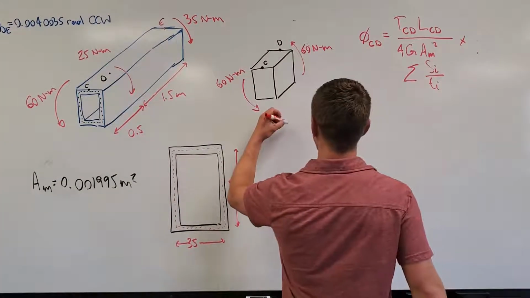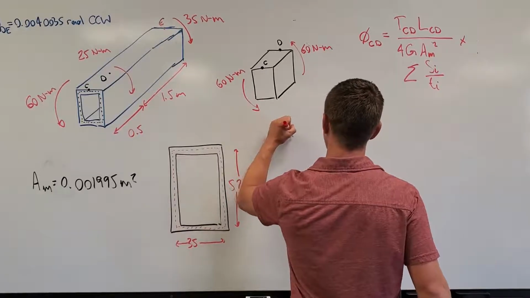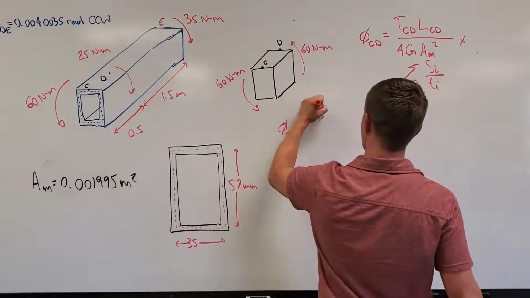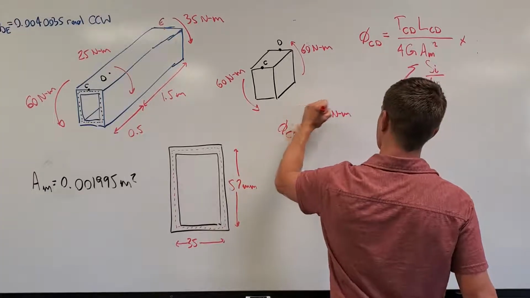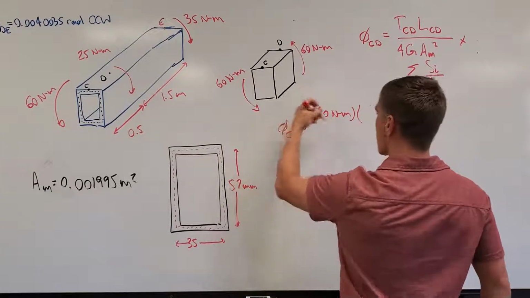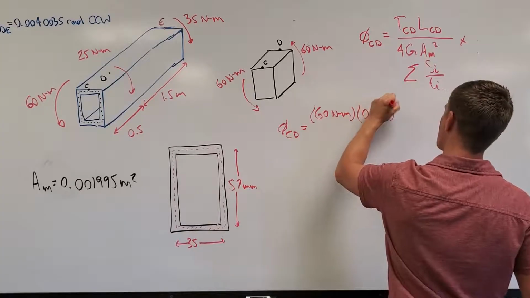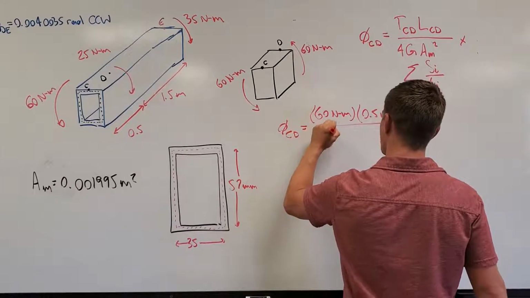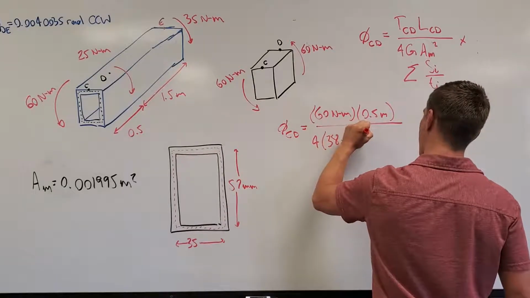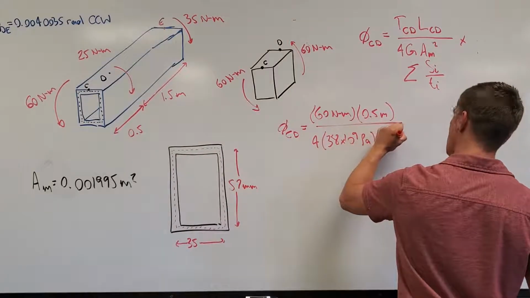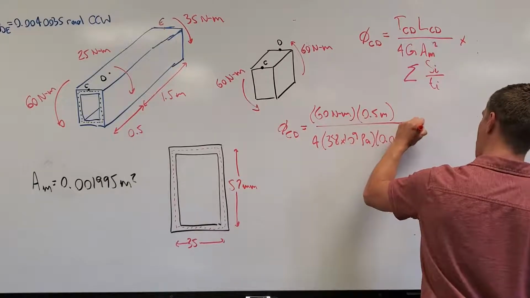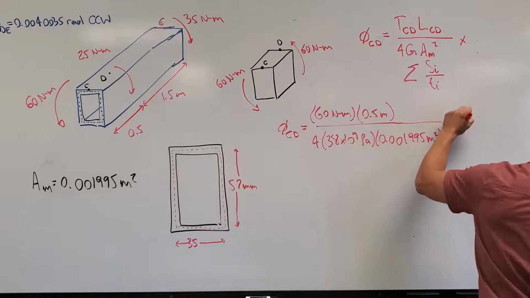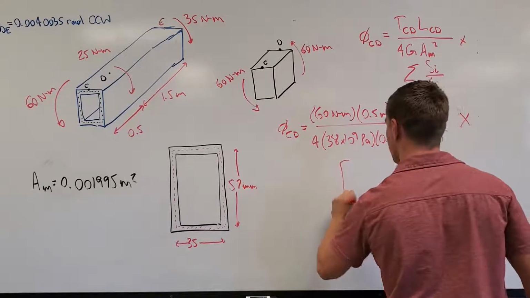Our rotation angle of C with respect to D is going to be: our internal torque is going to be 60 Newton meters. The length was 0.5 meters. We have 4. Our modulus of rigidity was 38 times 10 to the 9 pascals. We had 0.001995 meters squared, times, once again, the same summation.